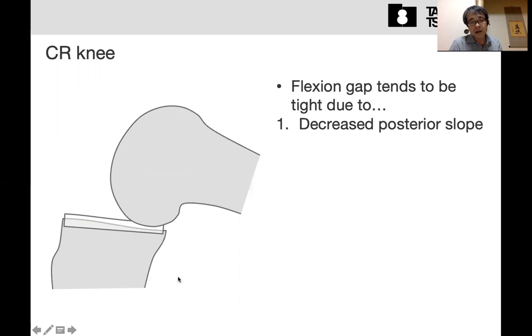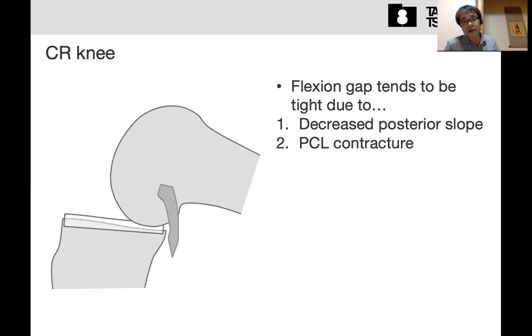Then the posterior flexion gap can be tight after the operation. On PCL contracture, the PCL is always tight in flexion. That's why the posterior movement of the femur, so-called rollback motion, can be introduced.